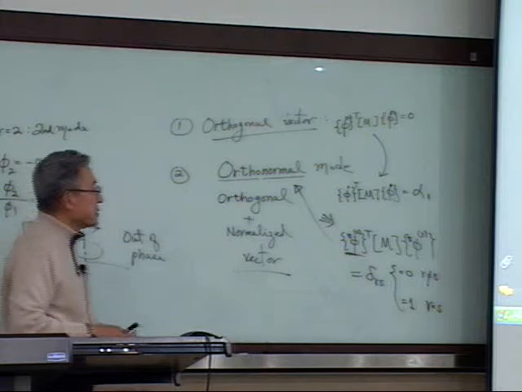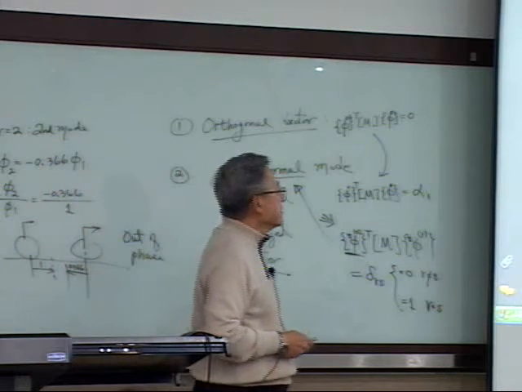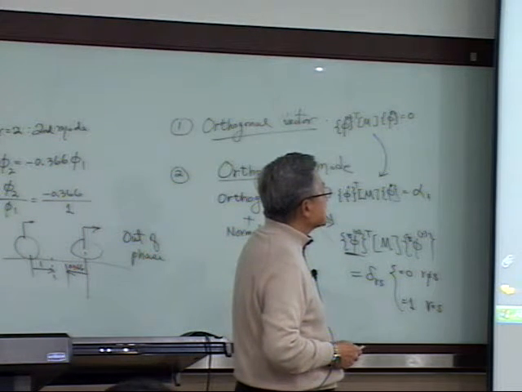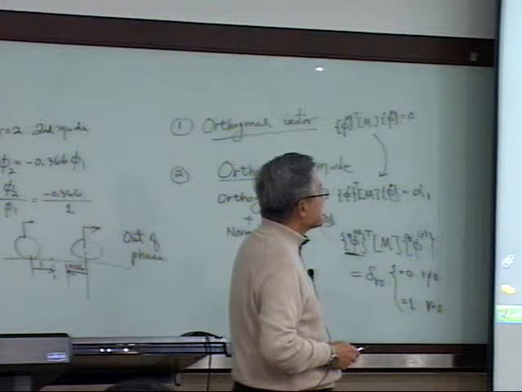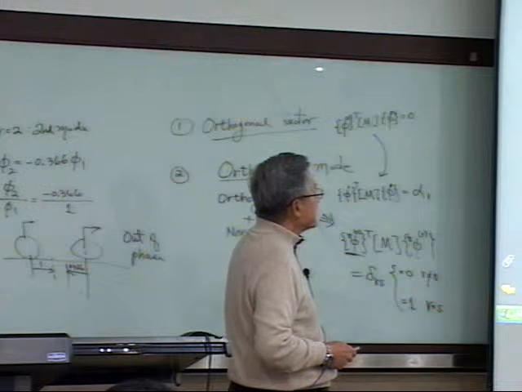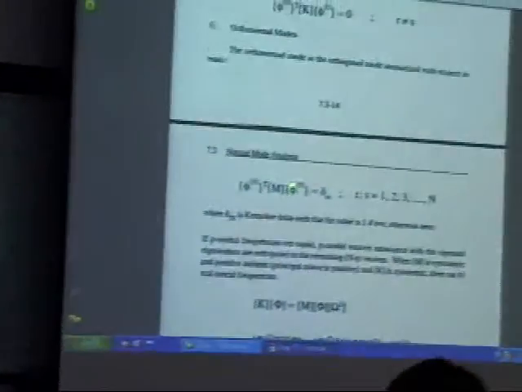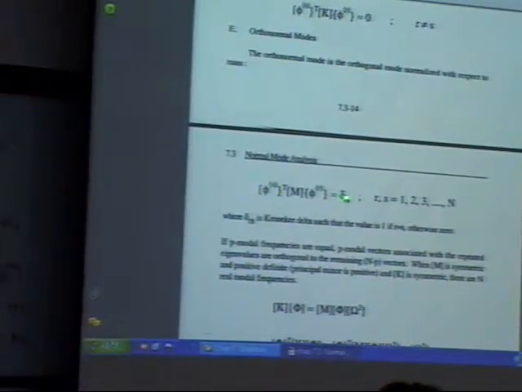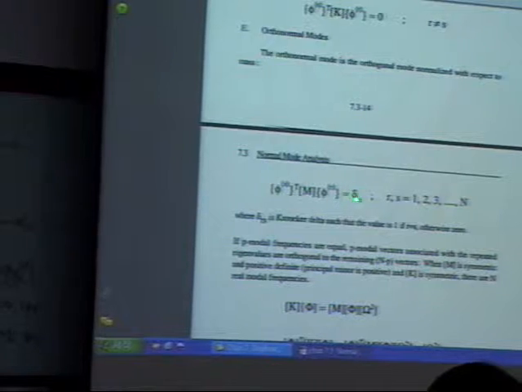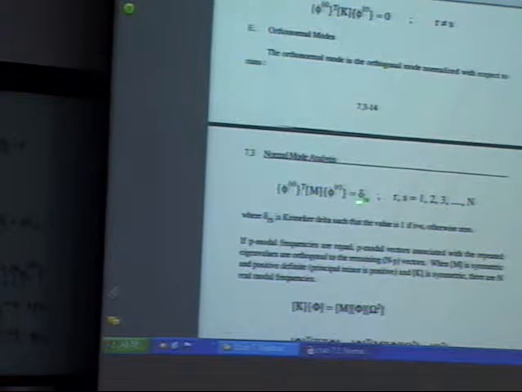Same thing I spelled out here. Phi S transpose M phi R, where S and R are distinctive, is equal to Kronecker delta RS.